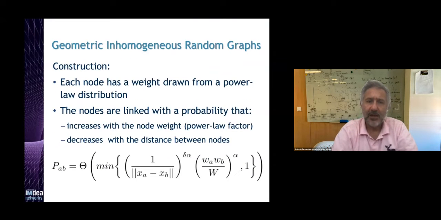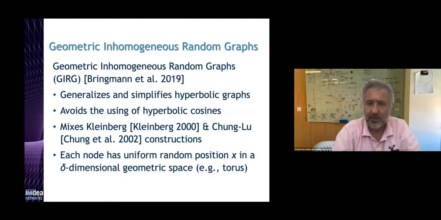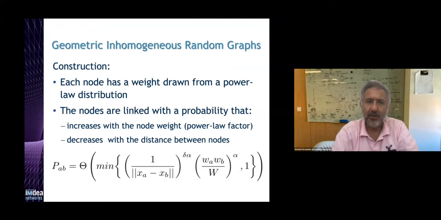And as I was mentioning before, in Chung-Lu graphs, every node is going to choose a weight that is drawn from a power law distribution. And then we're going to create links with a probability that essentially combines distance and weights.